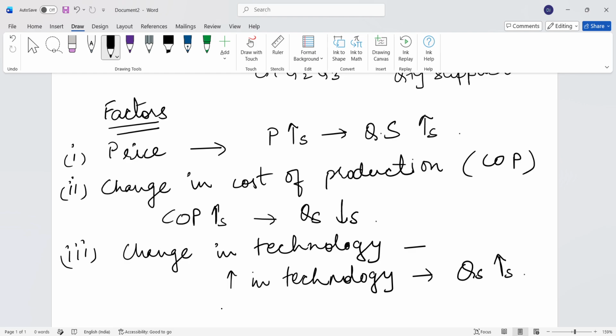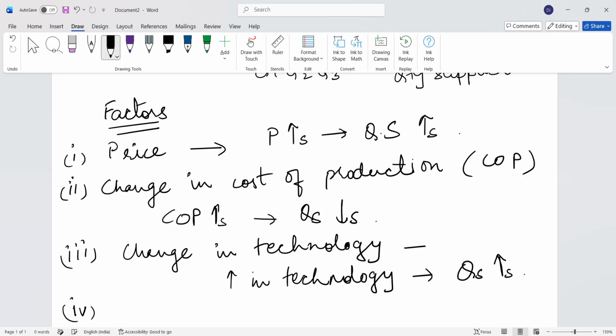And why so? Because as there is an increase in technology, the cost of production goes down, since advancement in technology over a period of time lowers the cost of production for the producer. So with cost of production going down, the profits go up for the same quantity of goods, and that is why the supply will increase. They'll increase the supply in the market.